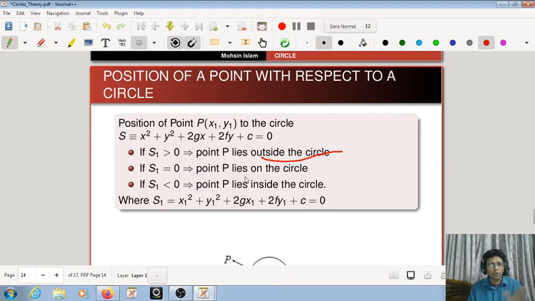If S1 is equal to 0, P lies on the circle. If S1 is less than 0, P lies inside the circle. So these are the results. You can verify whether the point is inside, on, or outside the circle by this criterion: S1 greater than 0, S1 equal to 0, and S1 less than 0.